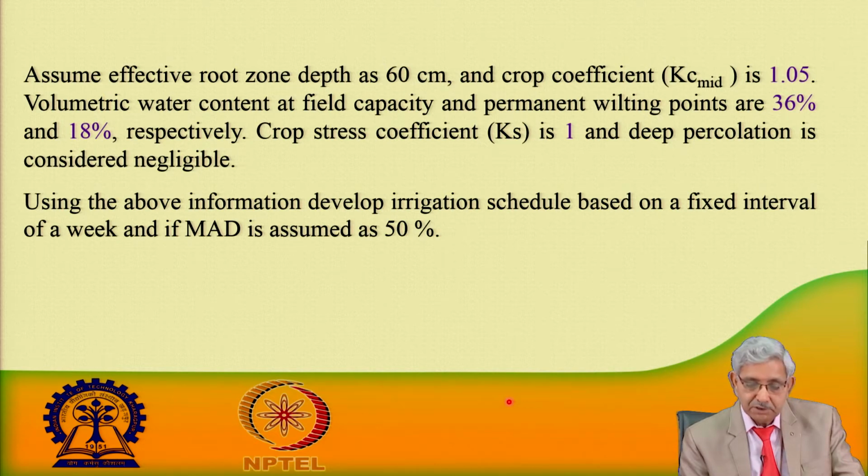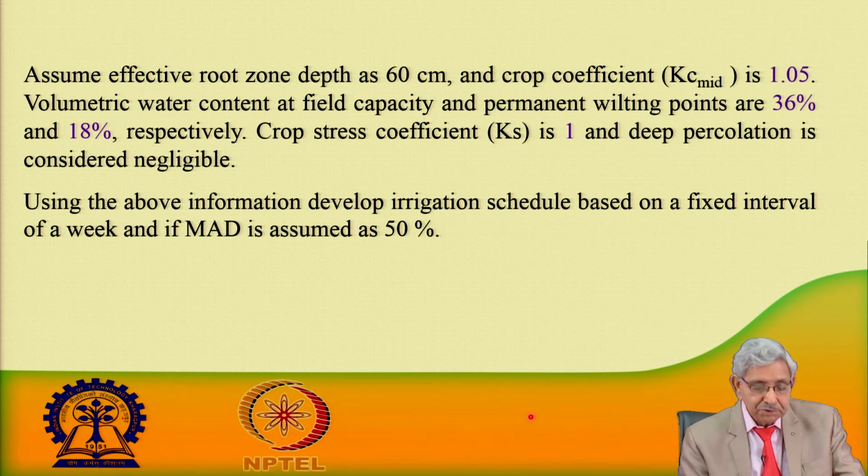The crop stress coefficient Ks is 1 and deep percolation loss is considered negligible.